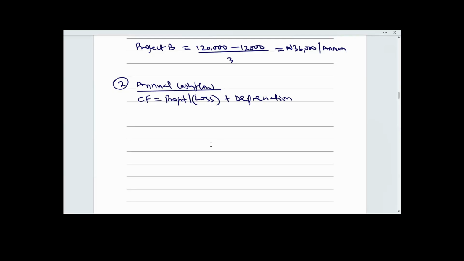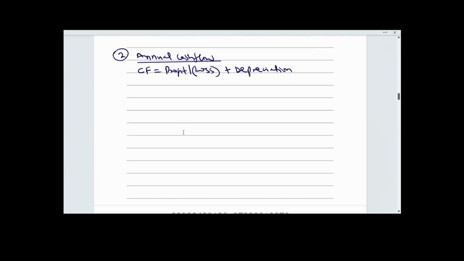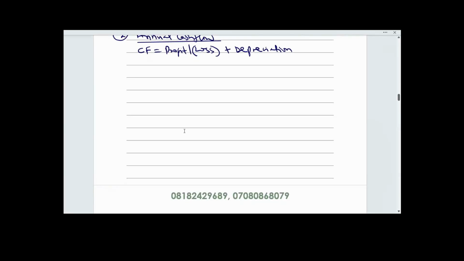Because we have profits or loss for year one to year three, we're going to use a table to get our cash flow. Therefore, I will create a column for year, another column for profits or loss, a column for annual depreciation, then a column for the cash flow that we are looking for.